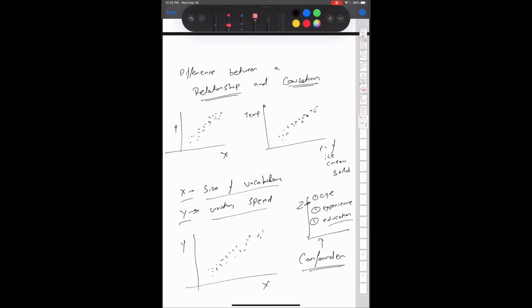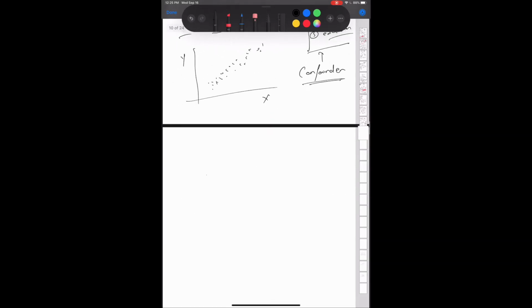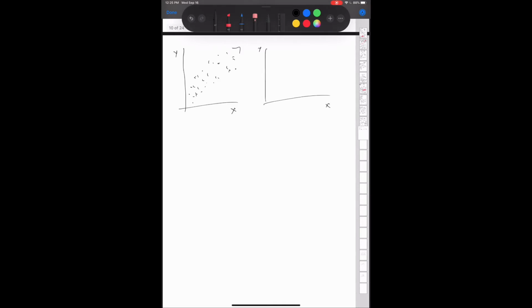So the strength of a relationship does not tell you anything about causation. For example, let's look at two scatter plots. One scatter plot is like this, and the other is like this.